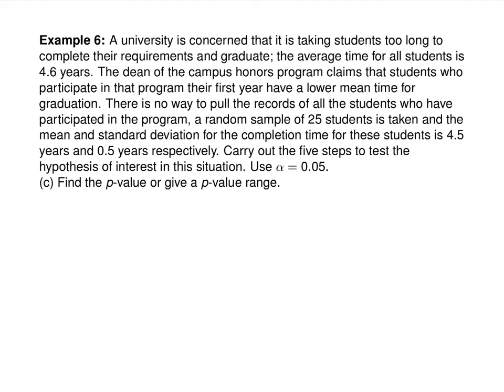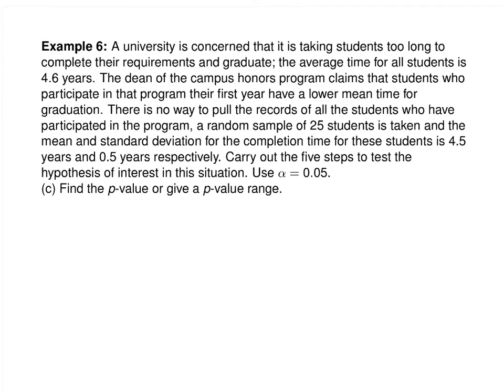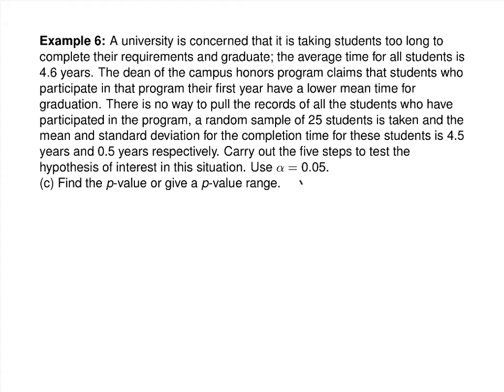Okay, find the p-value or give a p-value range. So first, let's note that the degrees of freedom here is 25 minus 1, or 24. So our p-value is the probability we observe a test statistic t that's less than or equal to -1.